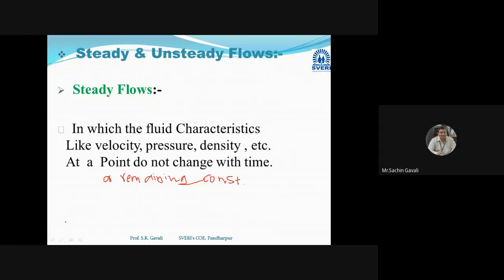Mathematically, velocity is a function of space also. Therefore, dou v by dou t is equal to 0, or dou rho by dou t is equal to 0, meaning the change with respect to time is zero. Velocity is constant with respect to time, or density is also constant with respect to time.